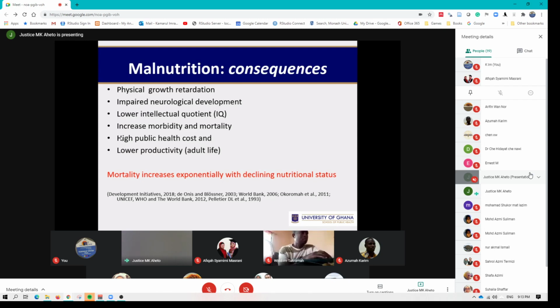We were told that, and it has been established in literature, that even if you are young and you suffer malnutrition, this will follow you up to your adulthood and surely will affect your productivity. But the bottom line is that the mortality among this group of children increases exponentially with nutritional status deficiency. So this is something we need to be very worried about.